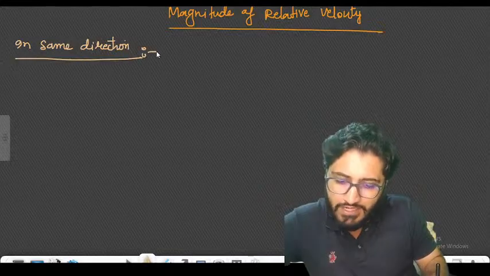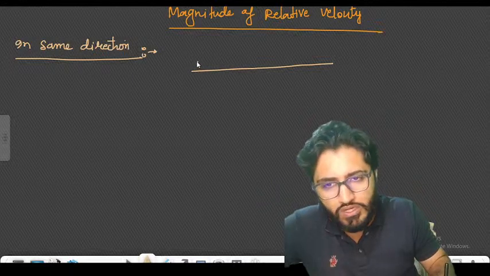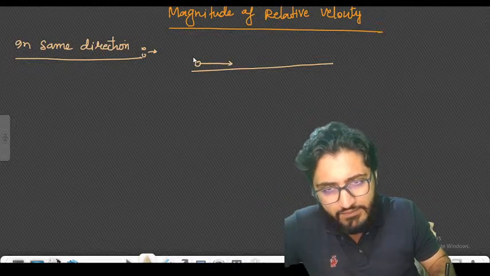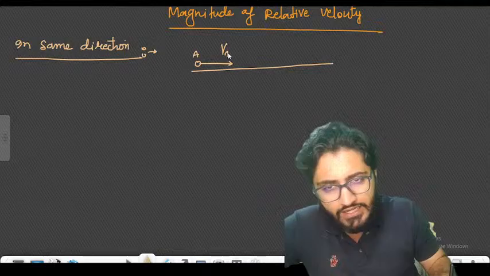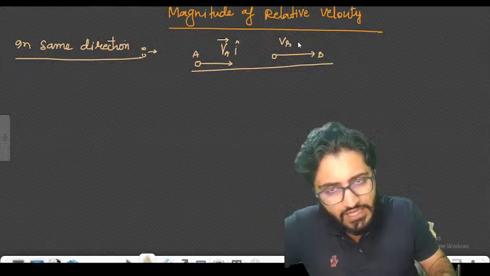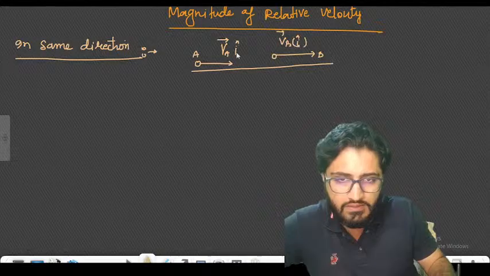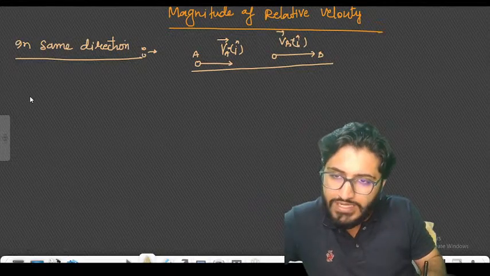Look, if this denotes the road, particle A is going in VA direction, that is I direction. Particle B is also going in the same direction, VB direction, that is I direction. So what is VBA now?